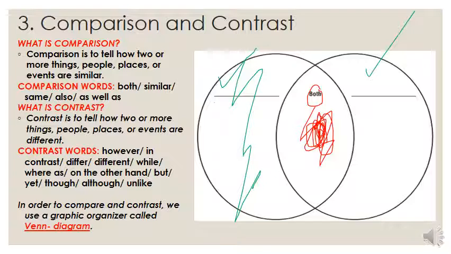So the differences between them are written aside, and in the middle we write the similarities. And of course you have to add the headings here, for example, the helicopter and the airplane.